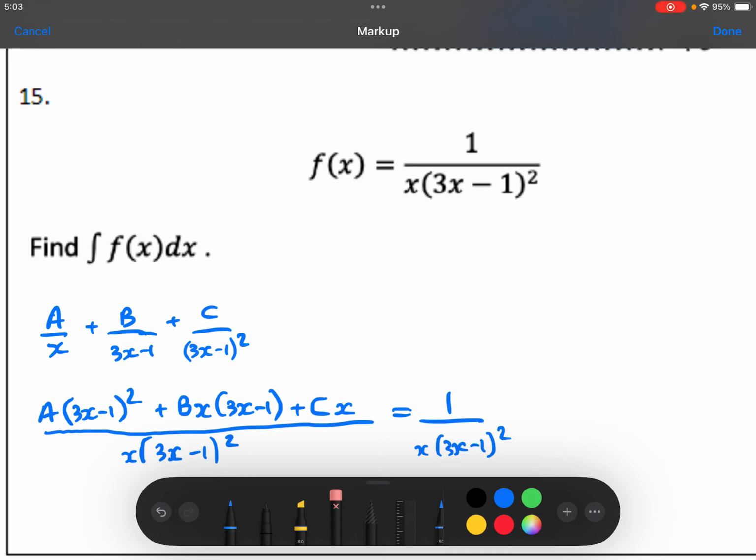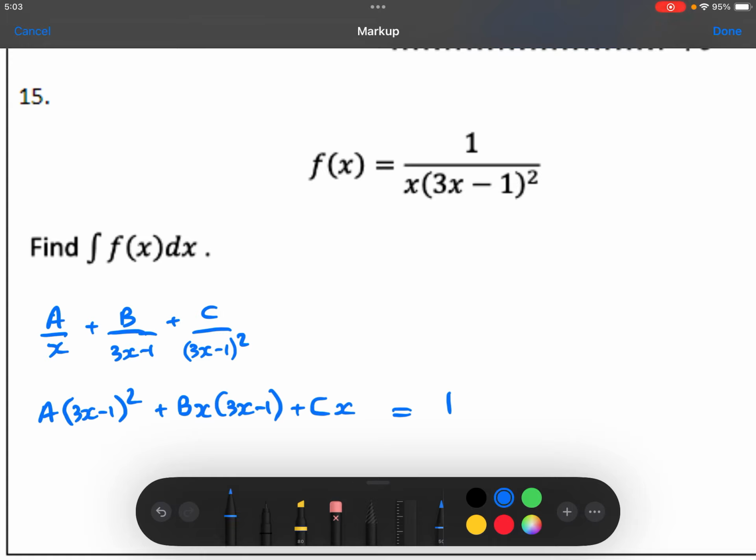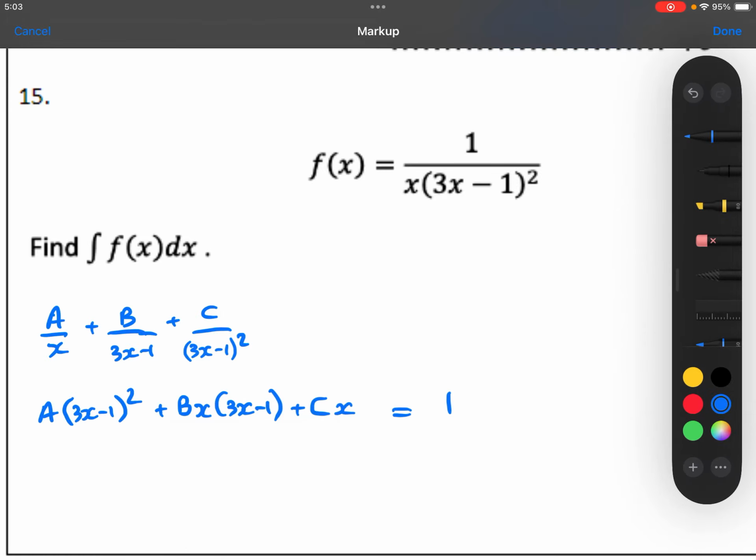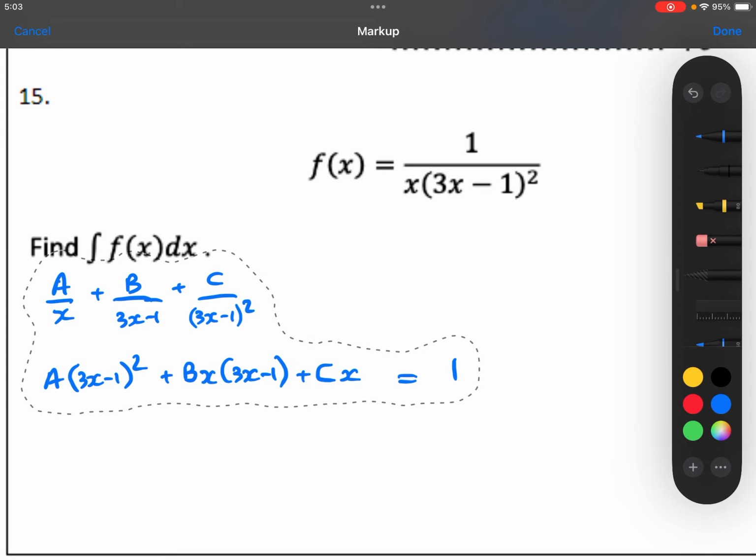So now we've got a common denominator on both sides, we can just compare the numerators and find the values of a, b and c that are going to work. First of all, I'm going to let x be equal to 1/3.